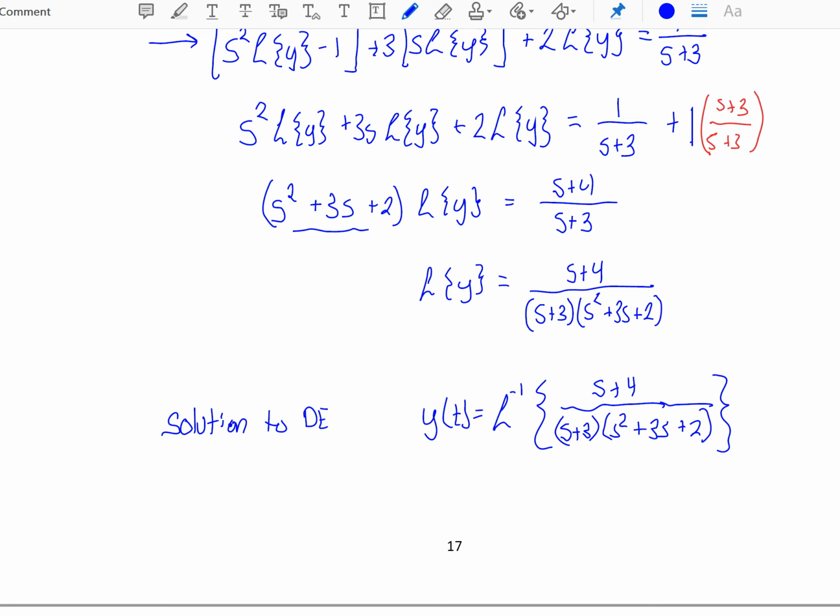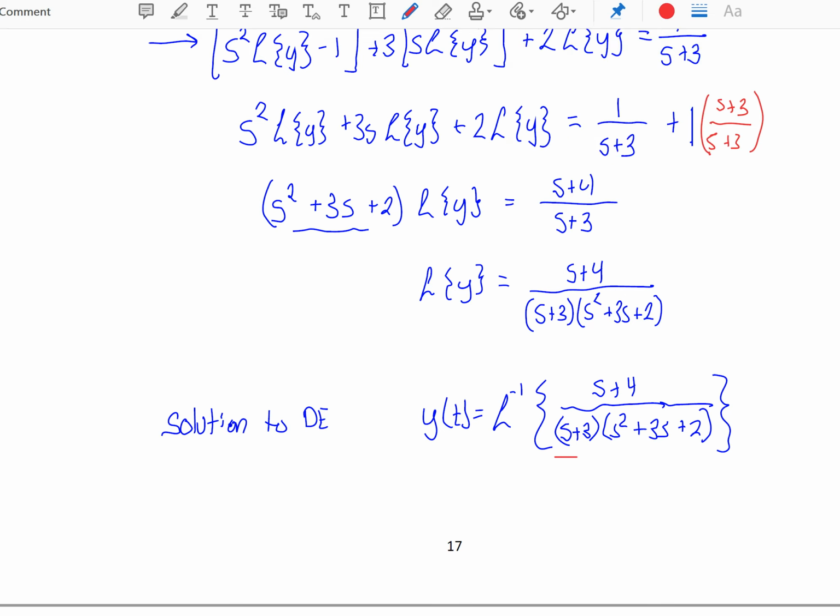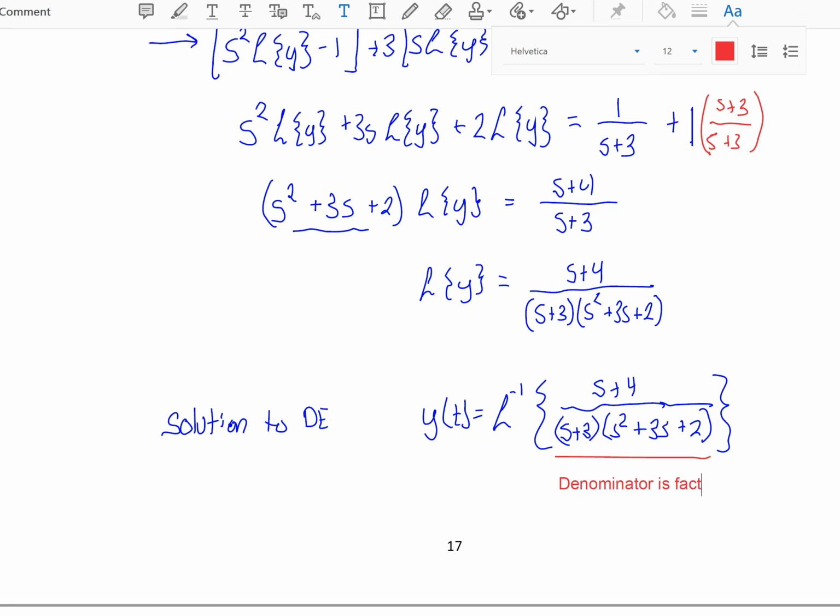So now we have to recall how to find the inverse Laplace of this function. Again, you probably want to notice here that the denominator is factorable, so this problem will contain distinct linear factors.